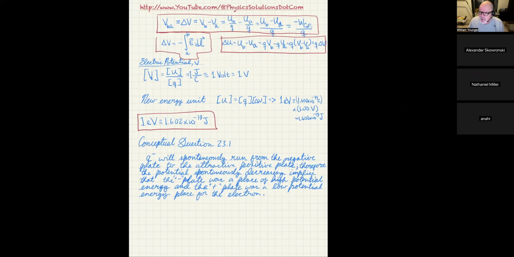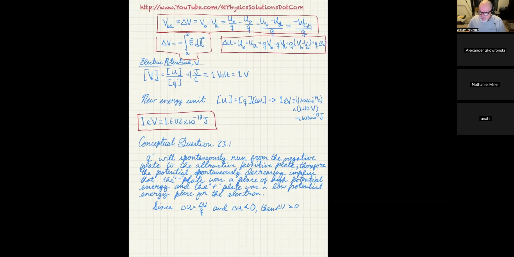Now, since delta V is equal to delta U over Q, and delta U is less than zero, then delta V would be greater than zero. And that's because dividing a negative number by another negative number makes a positive number.